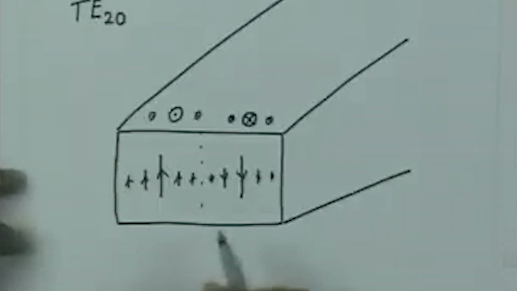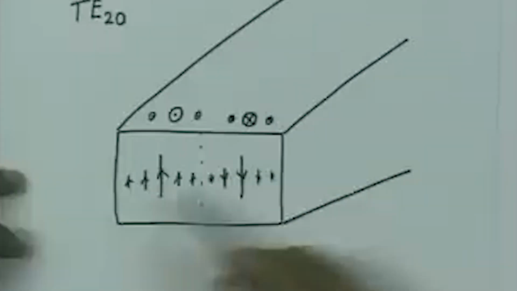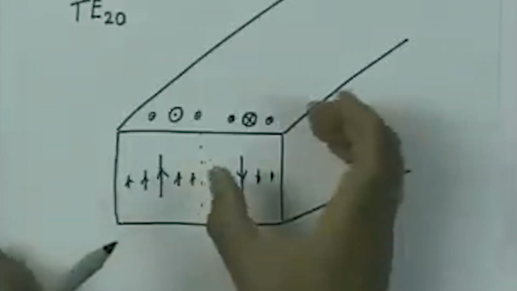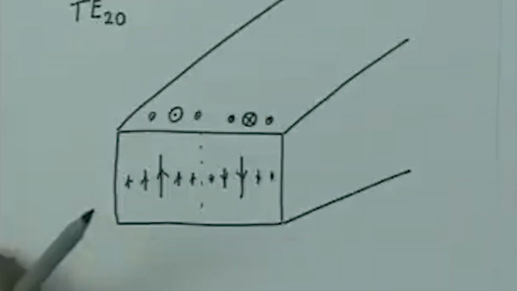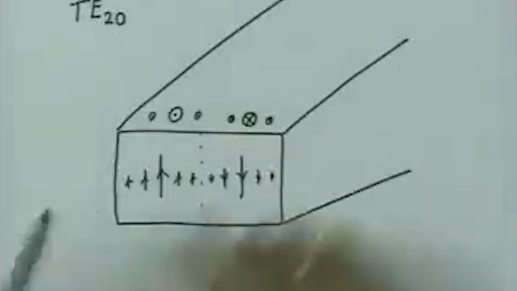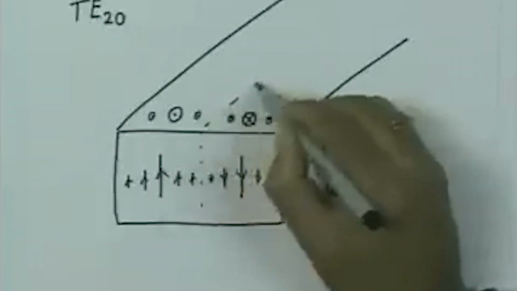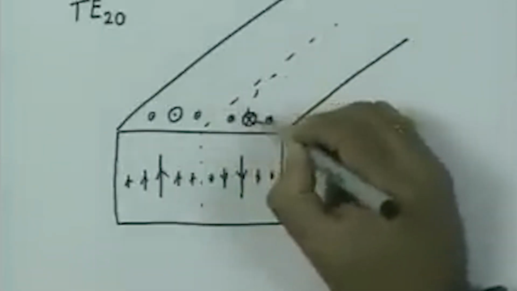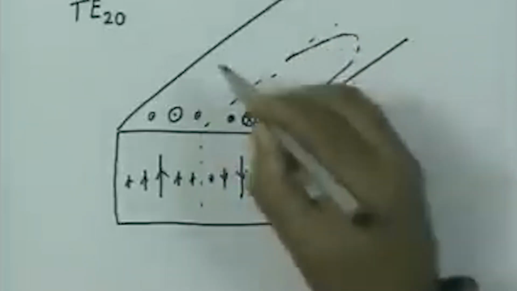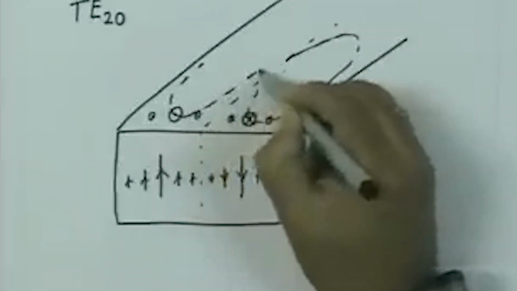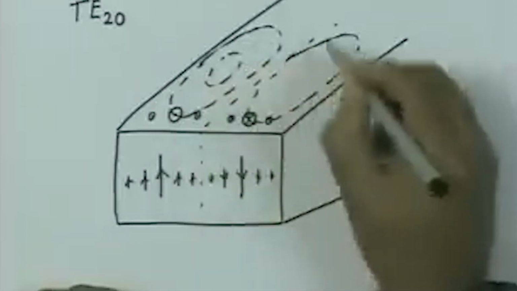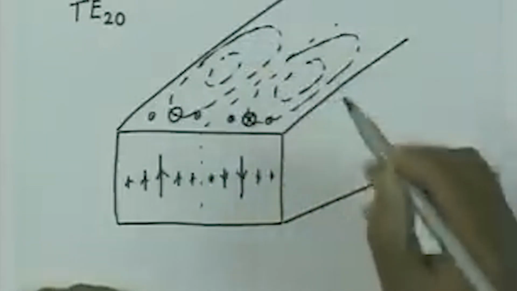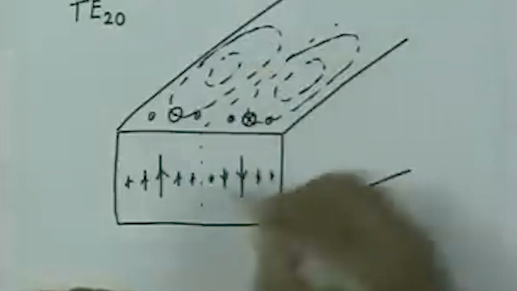What about the magnetic fields? We saw the magnetic fields are like stampings, but now you have 2 sections here. Each one will have a magnetic field loop, like that, and like this. The direction of the magnetic field will be such that the Poynting vector is in that direction.